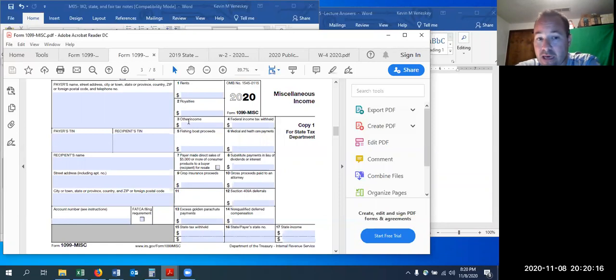And this is where a lot of people mistakenly put the independent contractor, and they really shouldn't have. It should have been down here in box 7 before. The main ones now are going to be anybody receiving rents and royalties are going to have a 1099 miscellaneous. Not much more to talk about here.